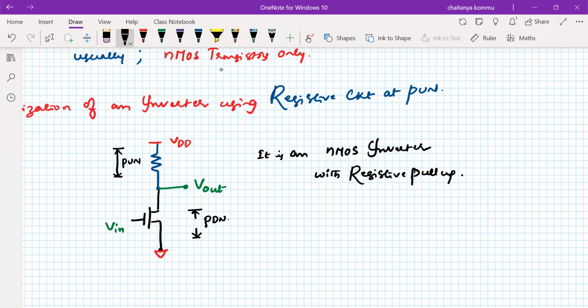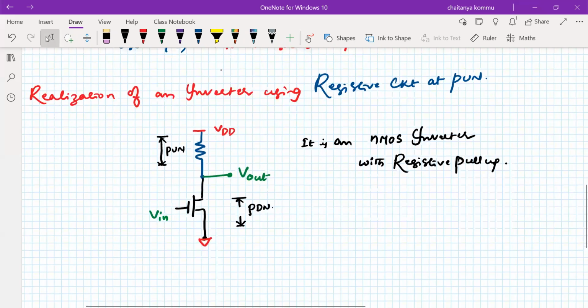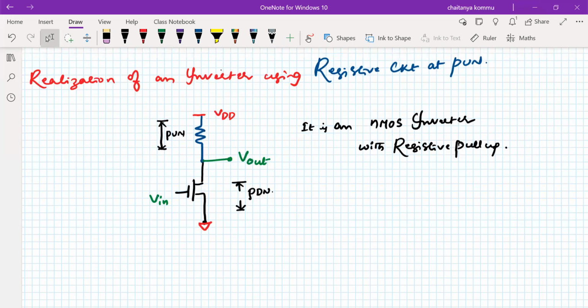Whatever the circuit may be, we can use this approach, but depending upon the application, the number of transistors will increase, and we find some difficulty in using this resistor also. So let us look at what difficulties we face if we use the resistor pull-up. Now, as I mentioned, it is acting as an inverter. How will this circuit act as an inverter?